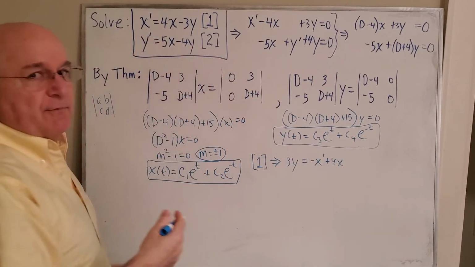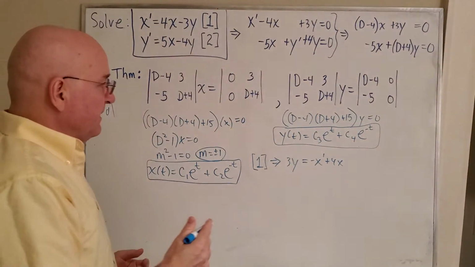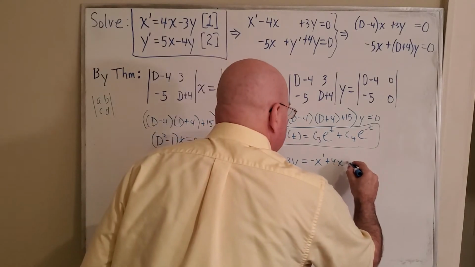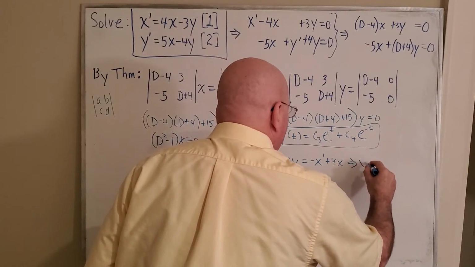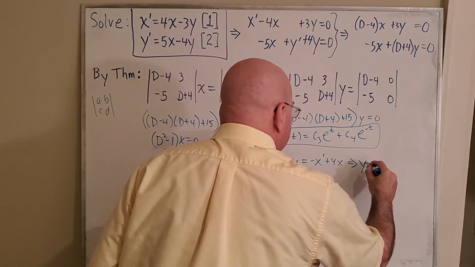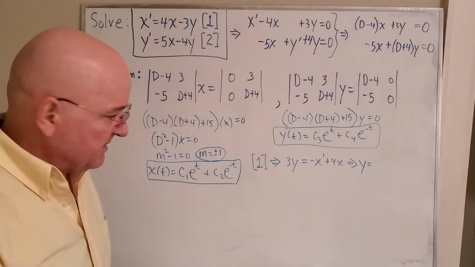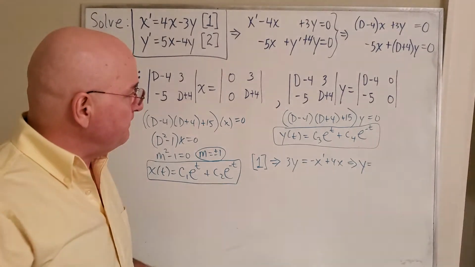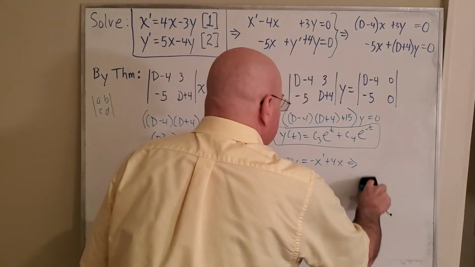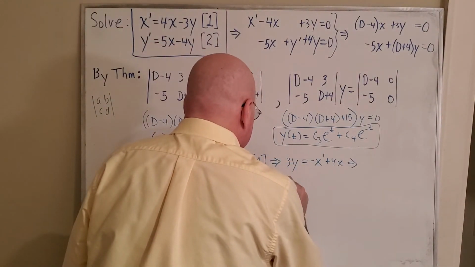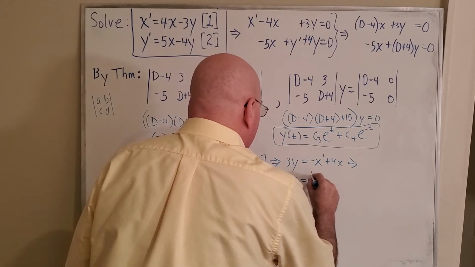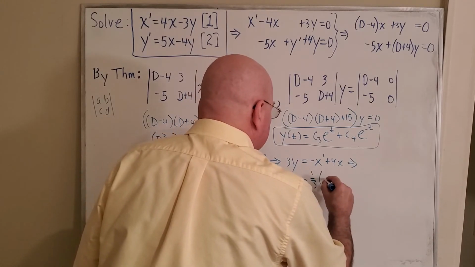That's just equation number 1 rearranged. That's all we've done. So let me write that like y equals, I'm going to keep that fraction there. y equals 1/3. I'm not going to multiply it through.